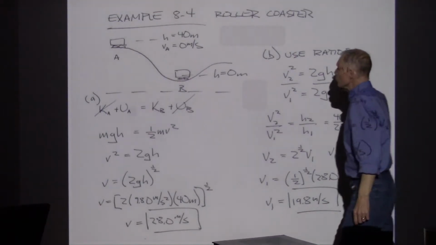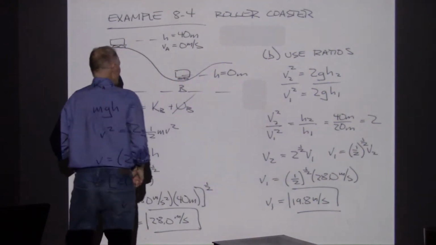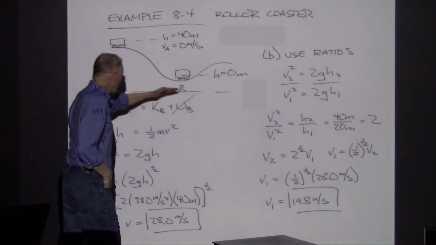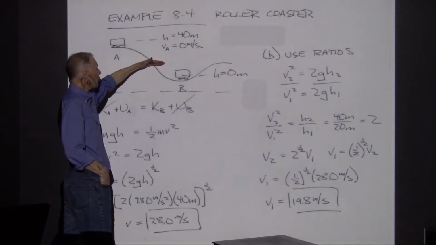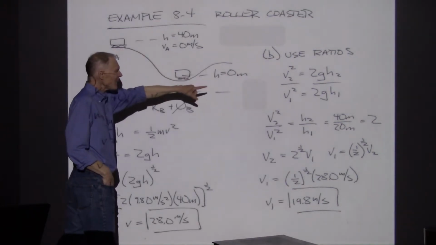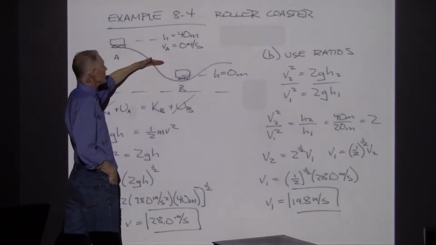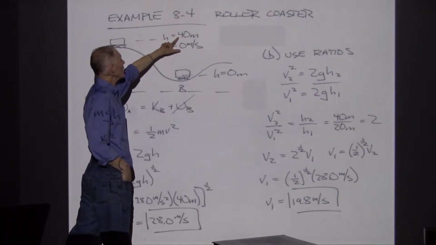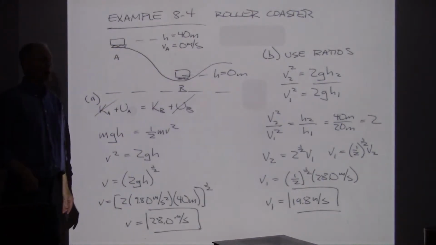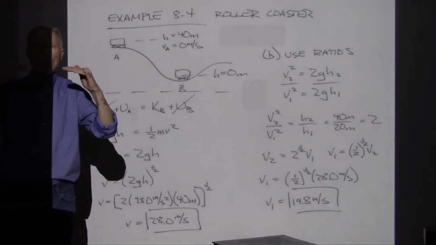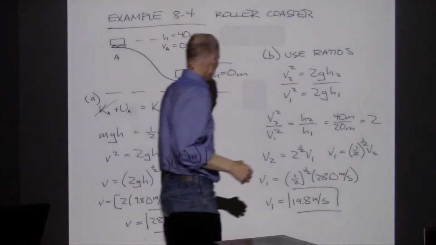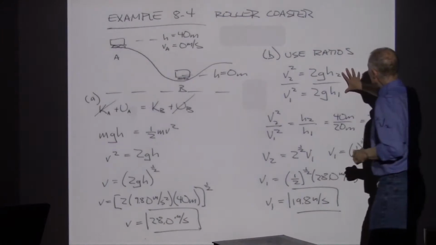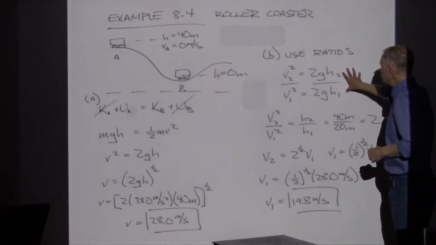The formula we came up with assumed that we would be halfway down, so I redefined the 0 point here and called the top point 20 meters. If we redefine the 0 point to be halfway down and the top point to be 20 meters, then we can use the ratios of those two formulas.